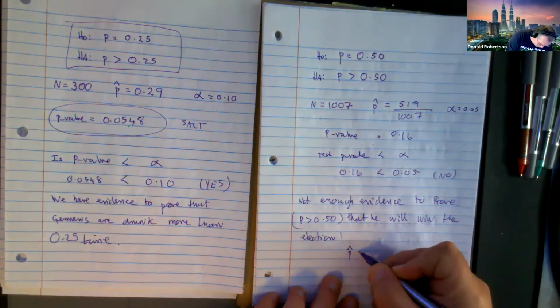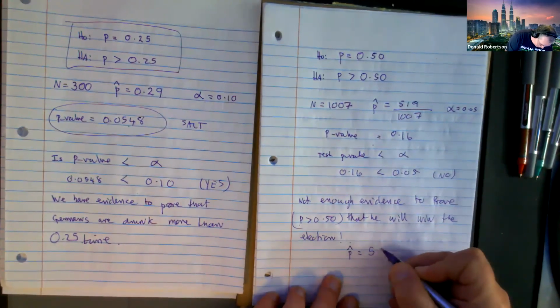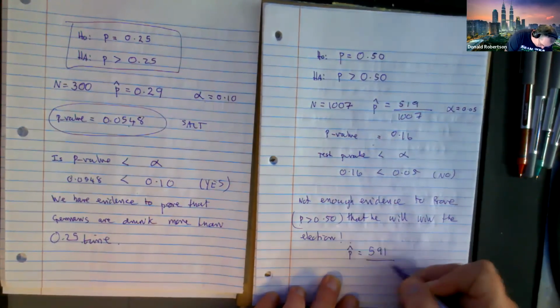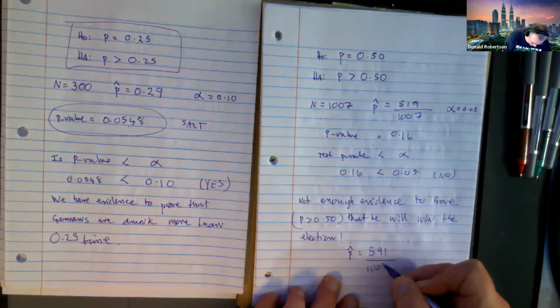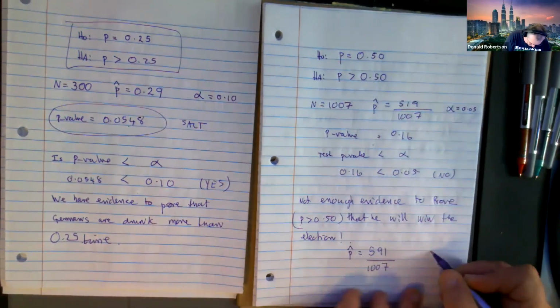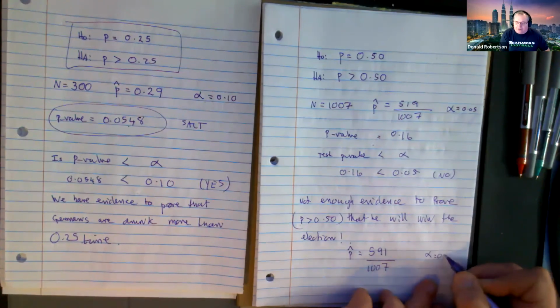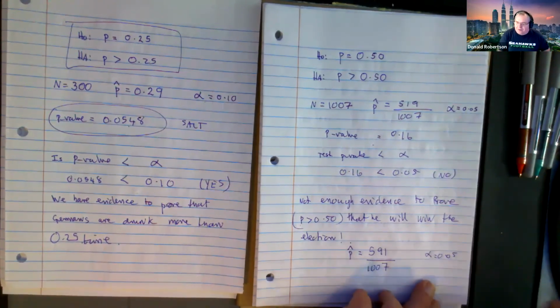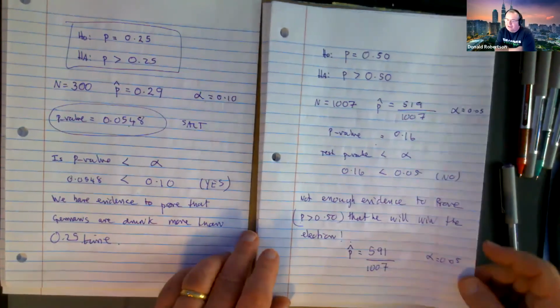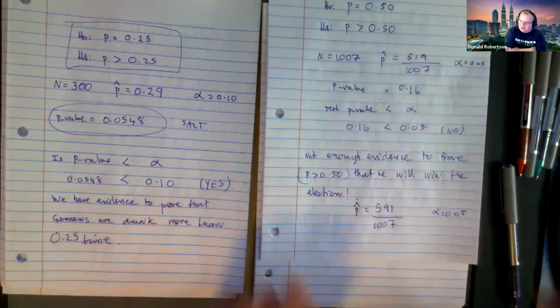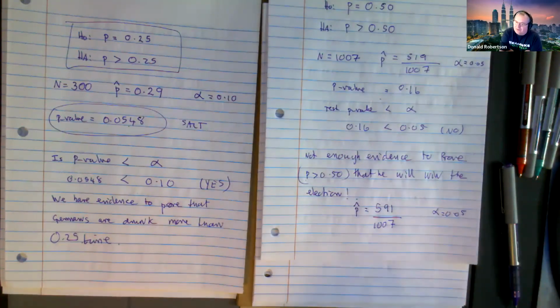Let's say he phoned up the Gallup poll people and the guy says, oops, we got our 2 digits mixed up. It was actually 591 people who said they were going to vote for your guy, not the 519, right?